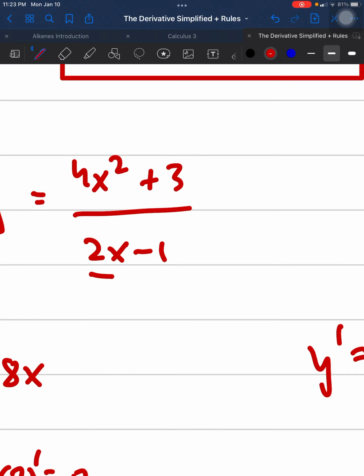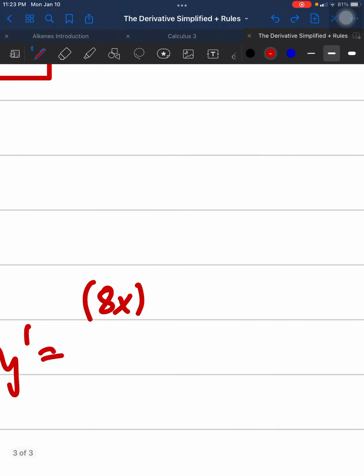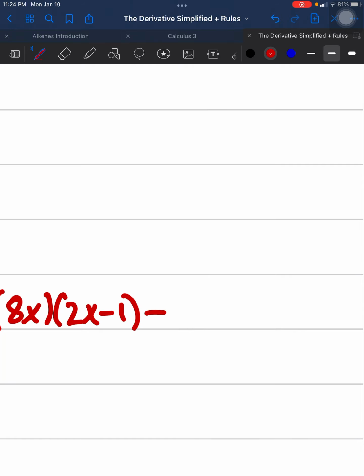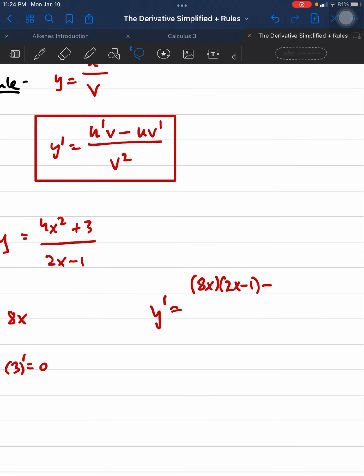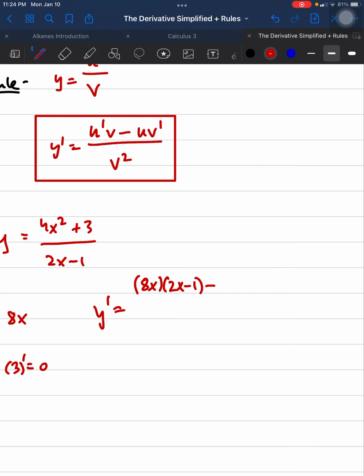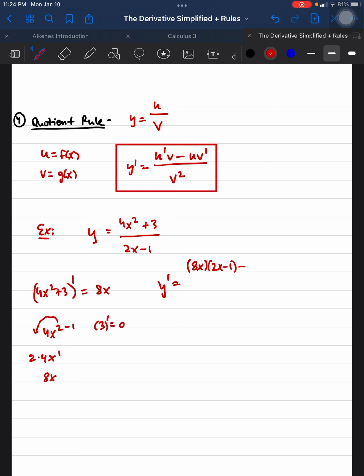So g of x we know is 2x minus 1, so it's 8x times 2x minus 1, subtracted by, now the second part of the formula is that we had to multiply u by the derivative of v, v prime, and v is g of x.